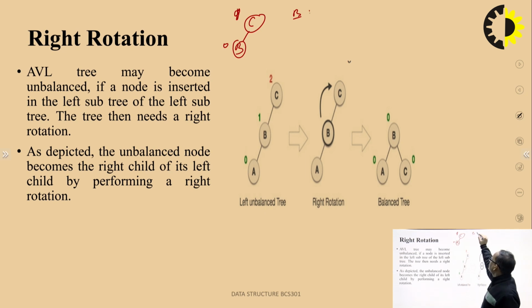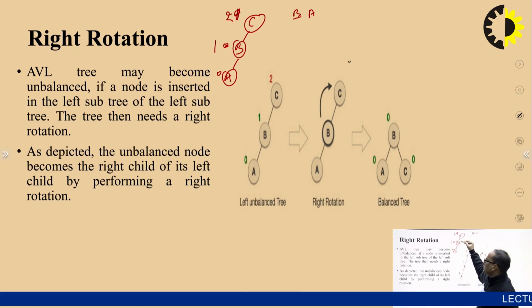Now we have to insert A. In this case the order of A is less than B, so it will be inserted in the left side of B. Now the balance factor of A will be 0, because there is no left and no right. The balance factor of B becomes 1, because there is 1 left and no right. The balance factor of C becomes 2, because the left subtree height is 2 and there is no right subtree.